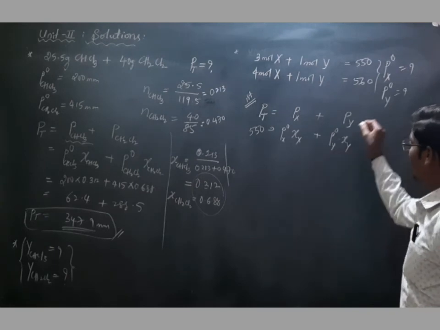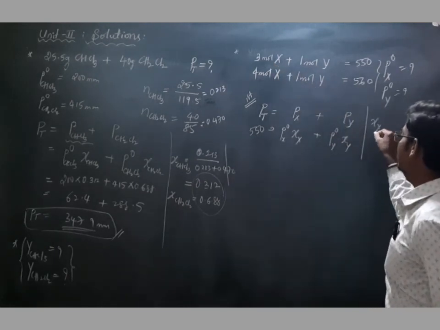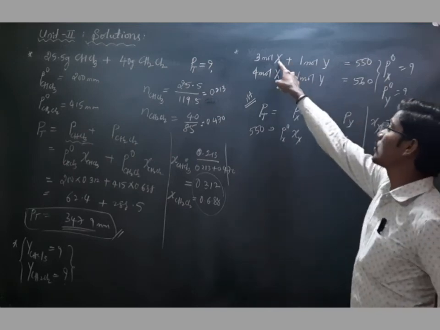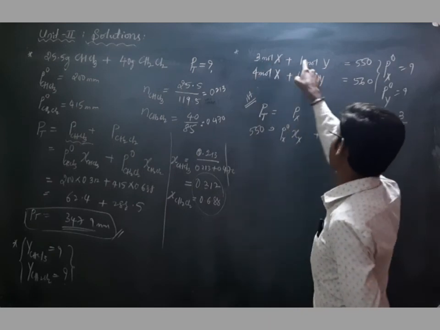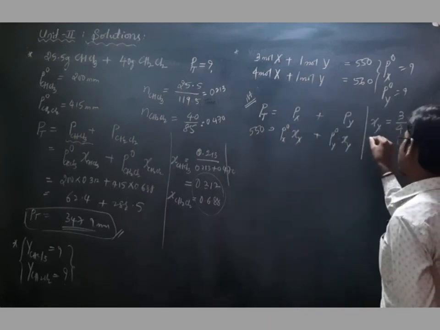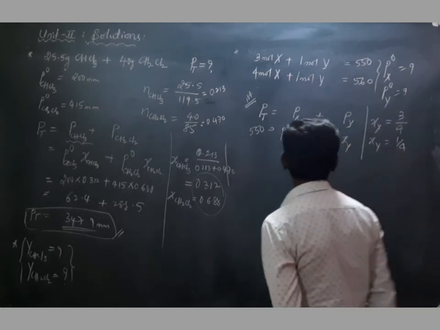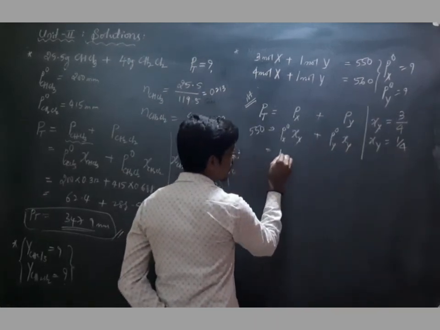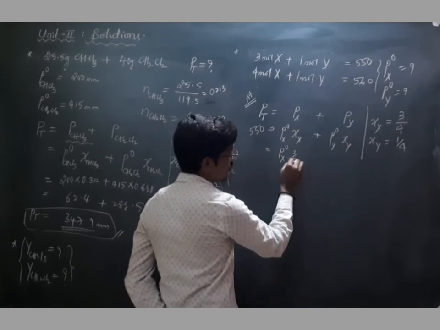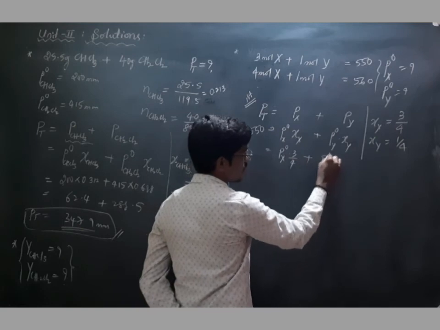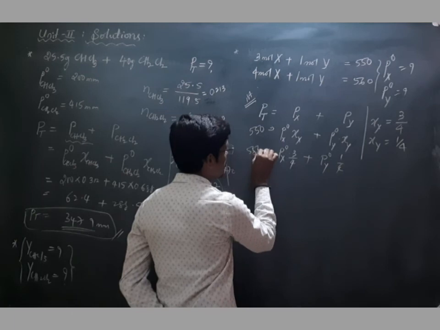Mole fraction of X is equal to the number of moles of X, that is 3, divided by the total number of moles, which is 4, so that is 3 by 4. Similarly, mole fraction of Y is 1 by 4 in the first case. Substitute and simplify: P naught X into 3 by 4 plus P naught Y into 1 by 4 is equal to 550.